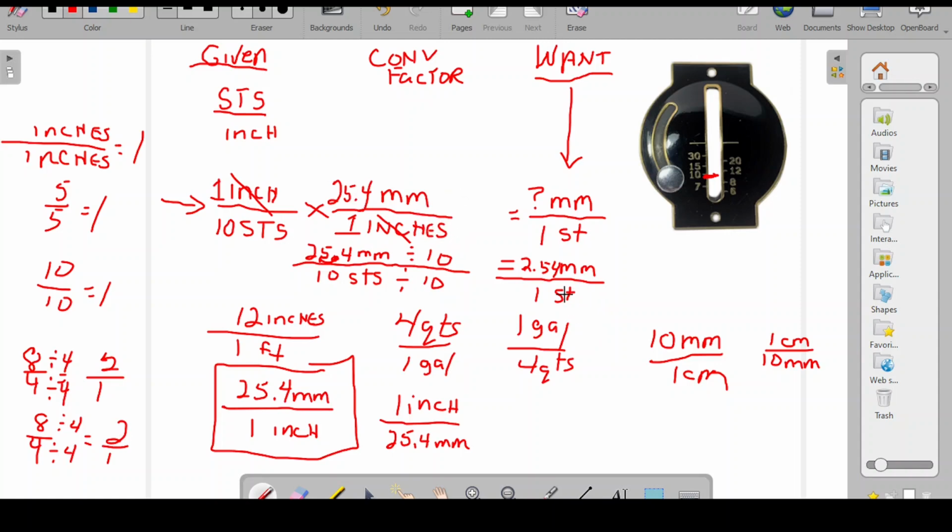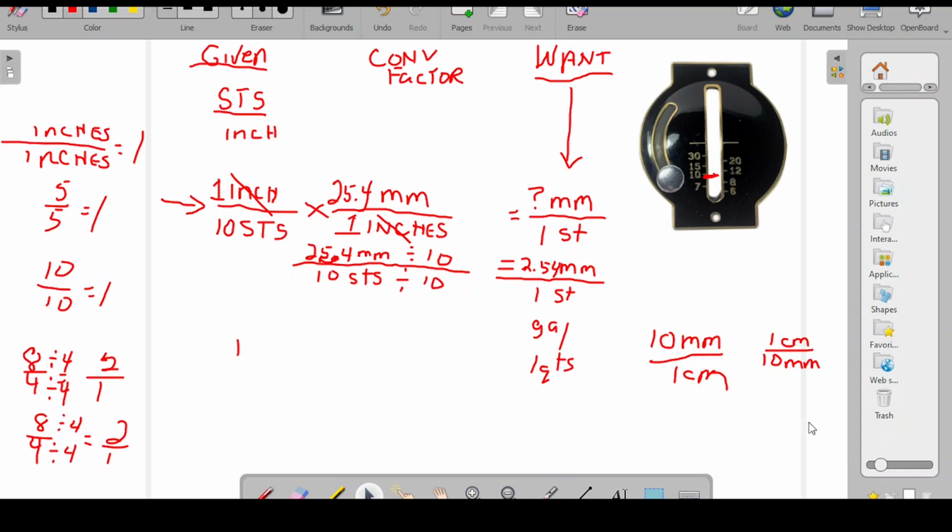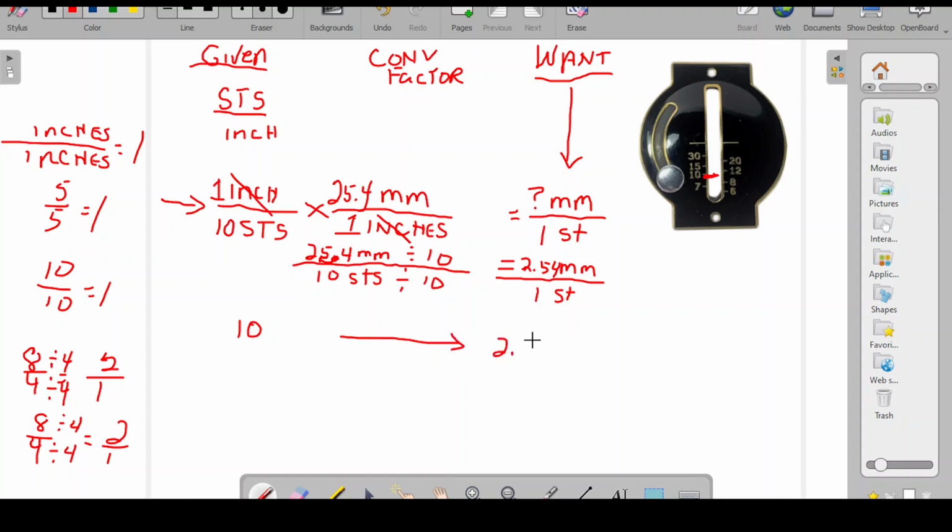Try to make that better. You say to yourself, well, what's an easy, quick way to get from 10 stitches per inch to this 2.54 mils? Well, how did I get from 10 to 2.54?